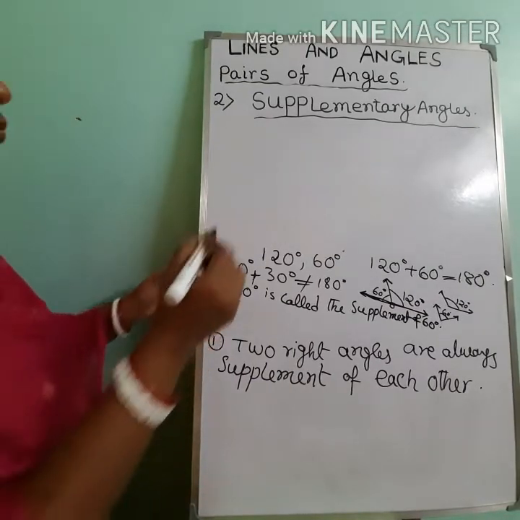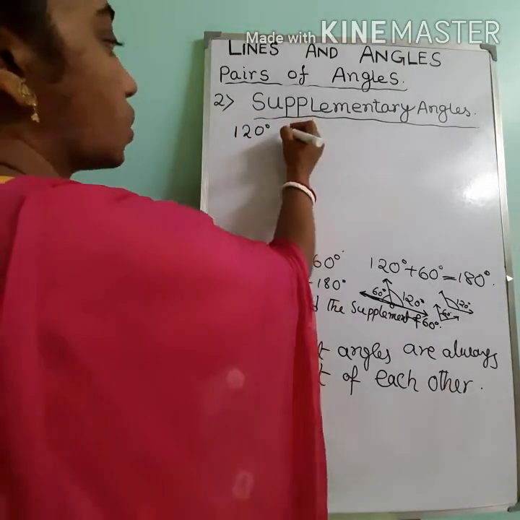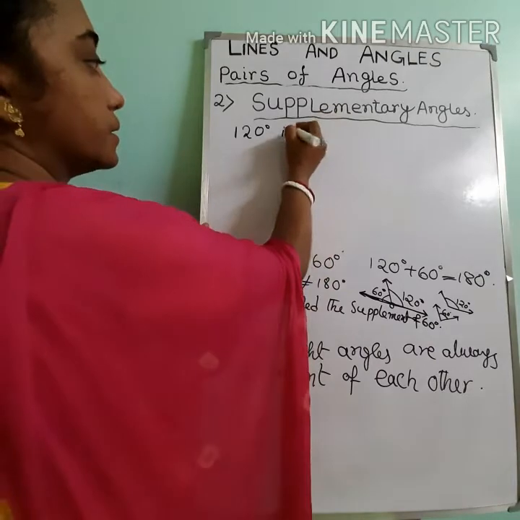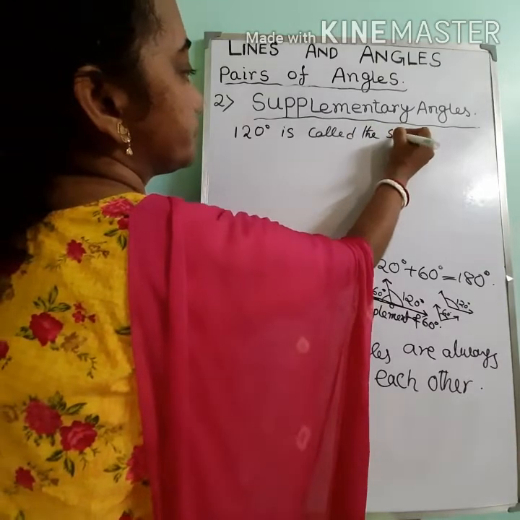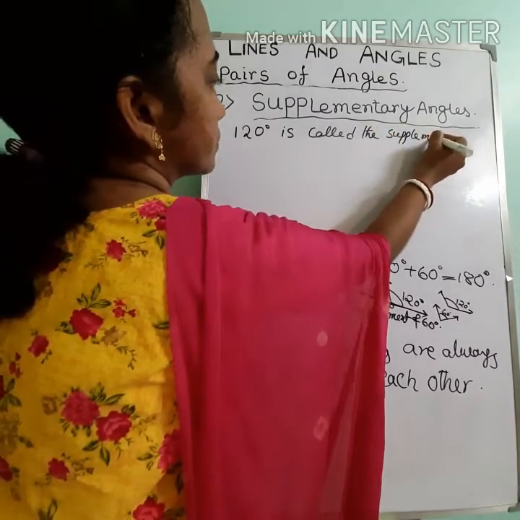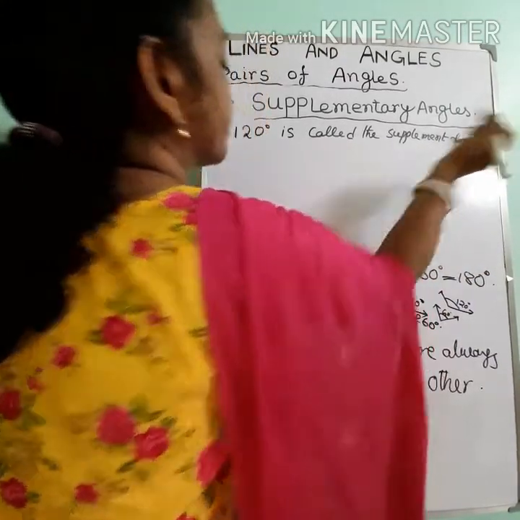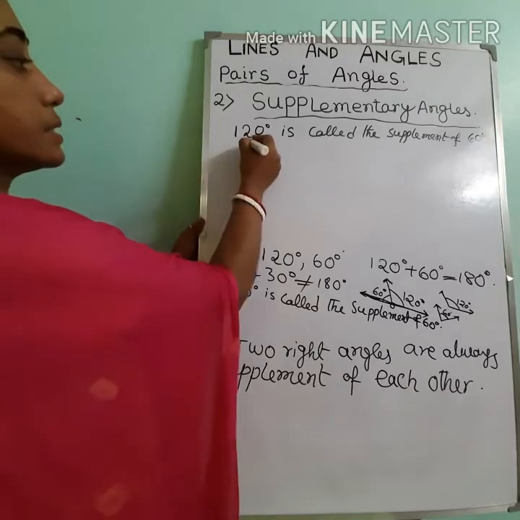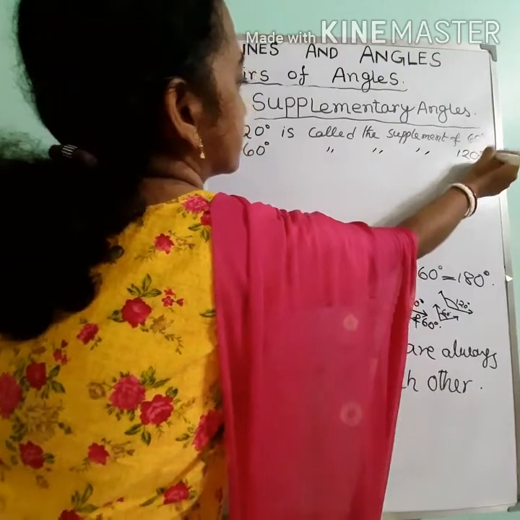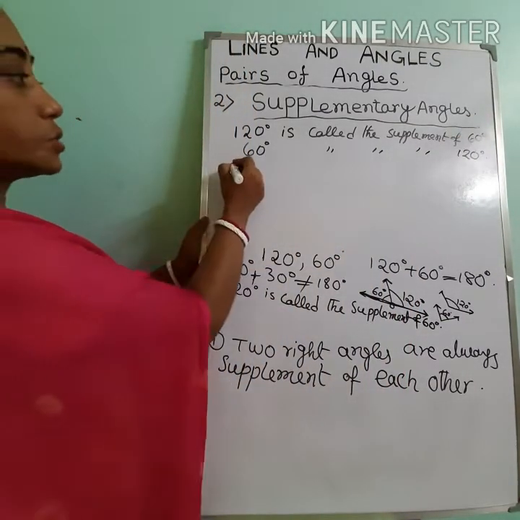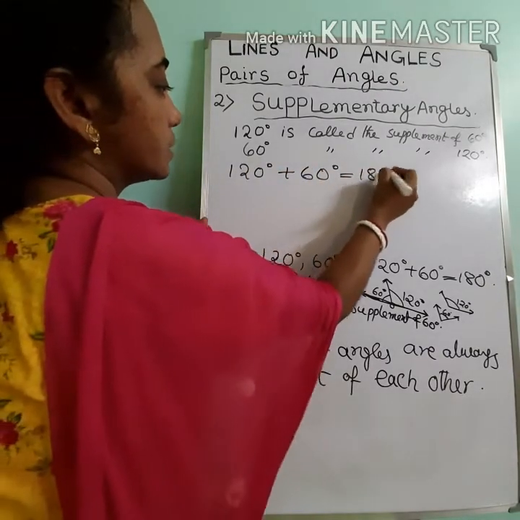That means 120 degree is called the supplement of 60 degree, and 60 degree is called the supplement of 120 degree, and also 120 degree plus 60 degree is equal to 180 degree.